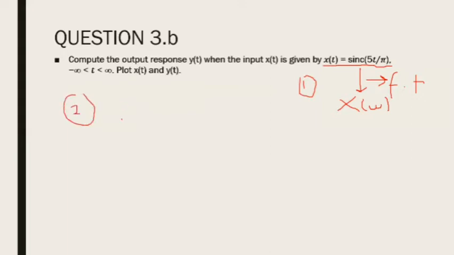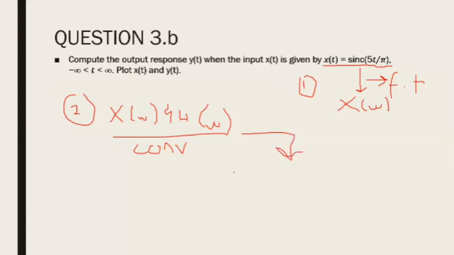The second one, we use the value of X(w) and the value of H(w) to make a convolution of both of these, and we will get Y(w).